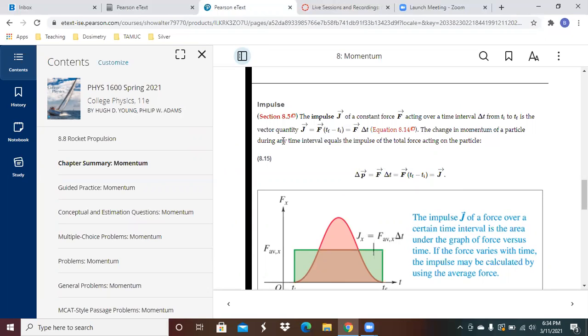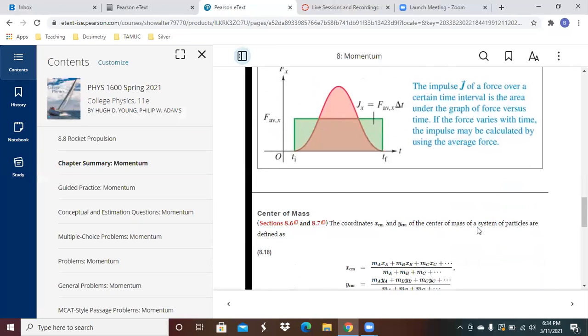So the change of momentum of a particle during any time equals the impulse of the total force acting on the particle. So you've got the force being applied over a set amount of time. When you take that time difference there and multiply it by the force, you're seeing the change in momentum. That is defined as J.